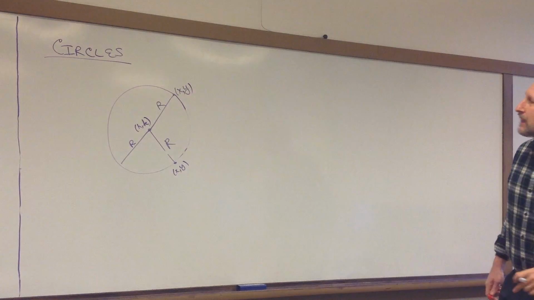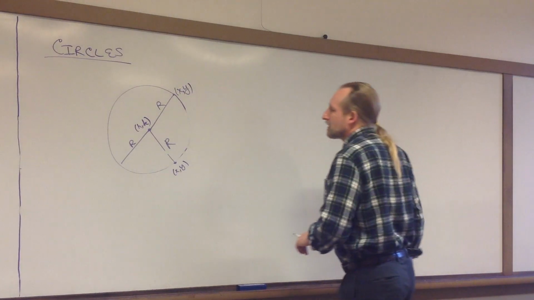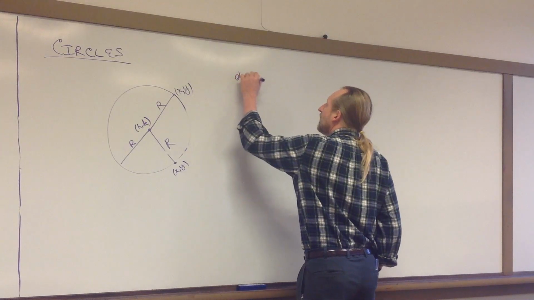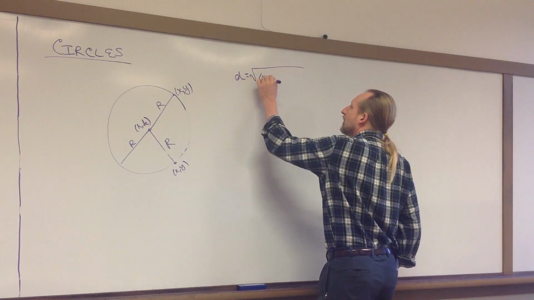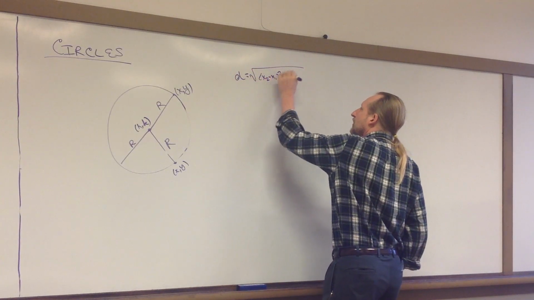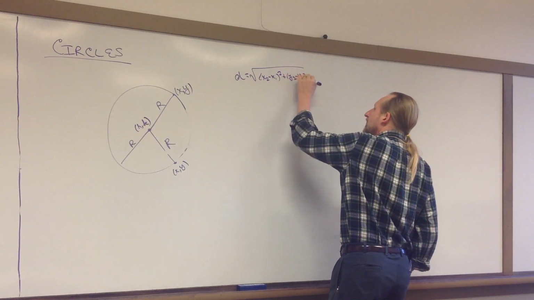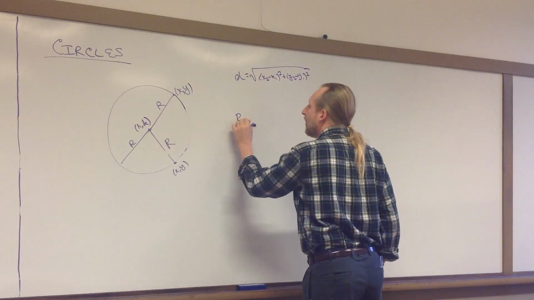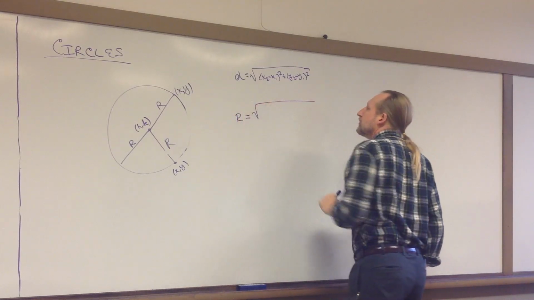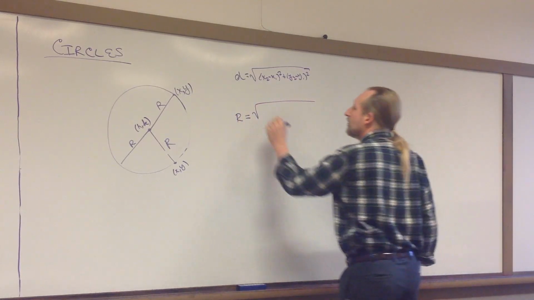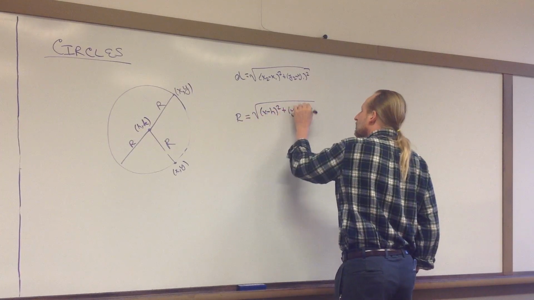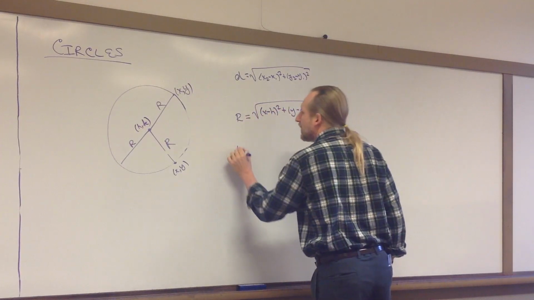So we can go back to our old friend, the distance formula. That says d is the square root of (x2 minus x1) all squared plus (y2 minus y1) all squared. And so we replace this with r is equal to the square root of (x minus h) all squared plus (y minus k) all squared.